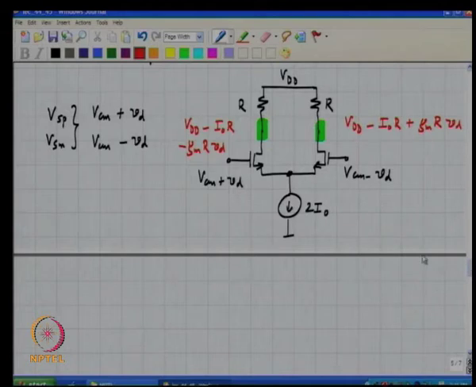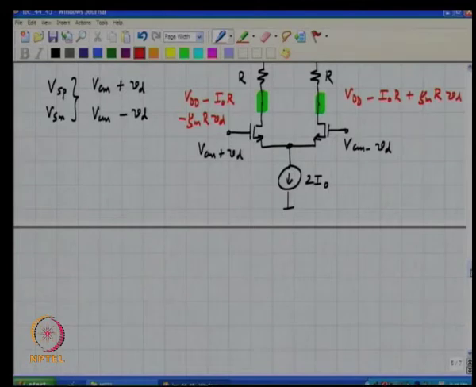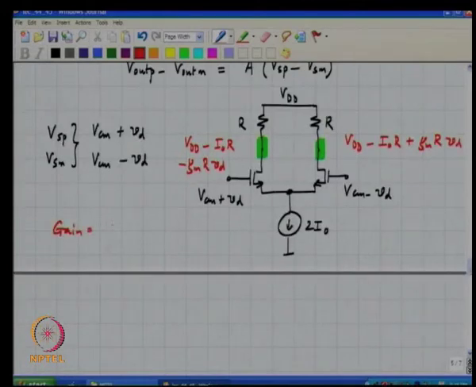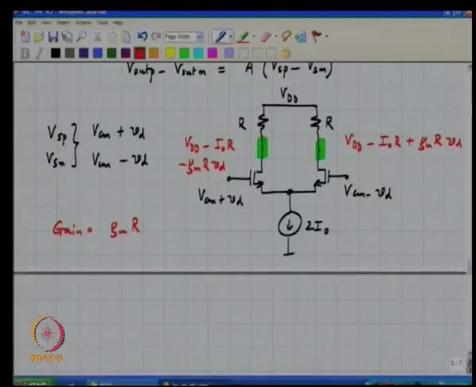Now, in order to get a larger gain, clearly the incremental gain is GM times R. So, in order to increase the gain without increasing the quiescent current or the transistor size, it seems tempting to go on increasing R. Unfortunately, as R keeps increasing and if the supply remained the same, the quiescent potential at the drain of the transistor, which would normally be VDD minus I naught R, would become lower and lower and eventually cause these transistors M1 and M2 to go into the triode region.